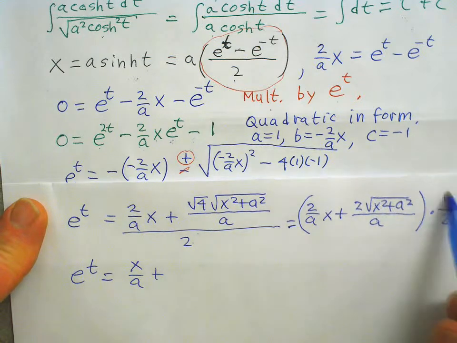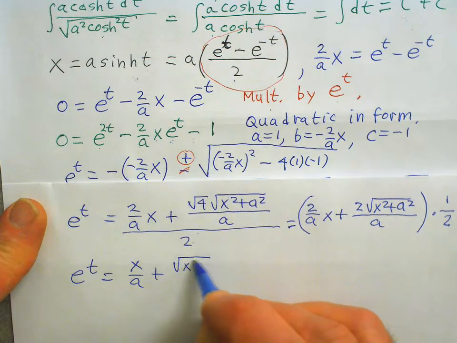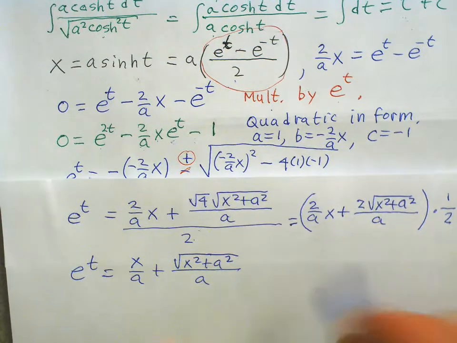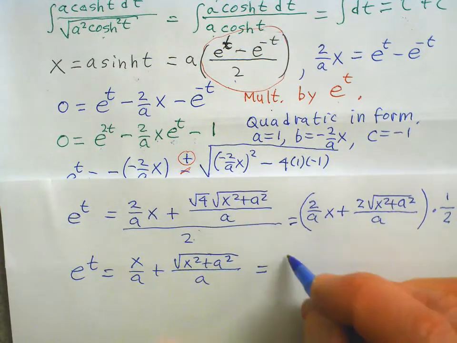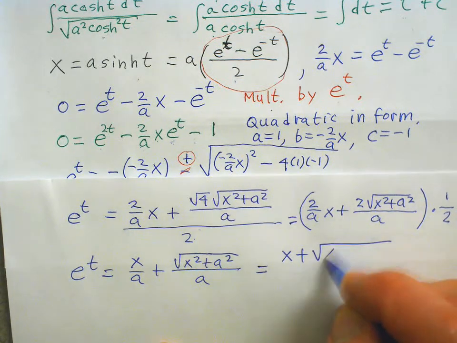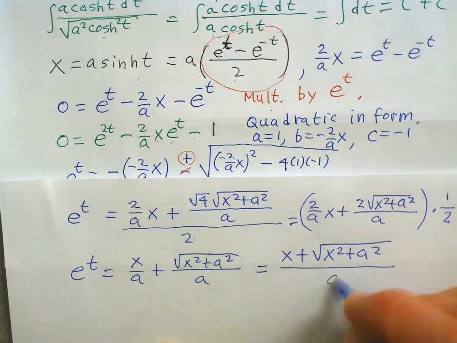And then 1/2 times this term, the 2's cancel, so I get plus the square root of x squared plus a squared over a. The denominator is common, so I can just write it as x plus the square root of x squared plus a squared all over a.